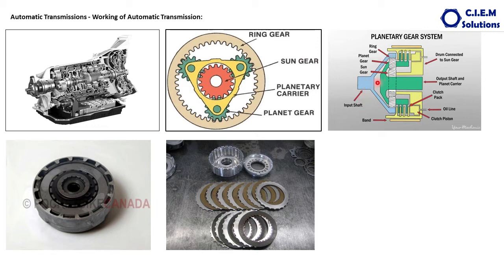Now you have applied input through the ring gear, say the input shaft, whereas you have applied the brake to the drum. Where is this drum connected? It is connected to the sun gear. So you have applied the brake to the sun gear.